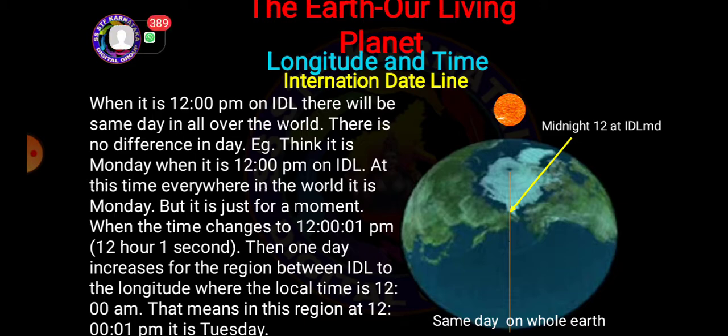When the time changes to 12 o'clock 1 second p.m., then one day increases for the region between IDL and the longitude where the local time is 12 a.m. That means in this region at 12 o'clock 1 second p.m. it is Tuesday.